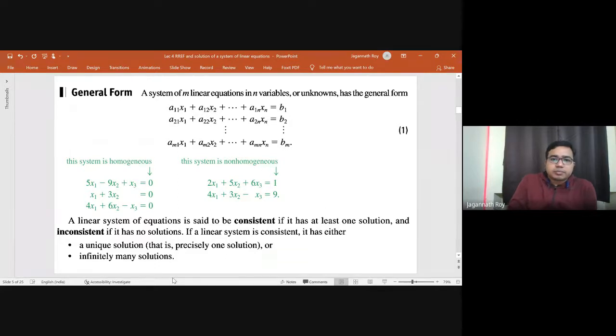So as we have mentioned, we want to study the form of the solution of a system of linear equations.